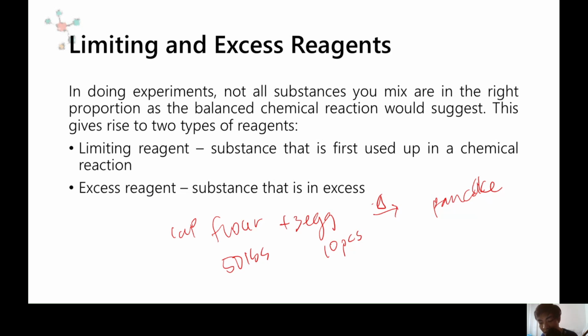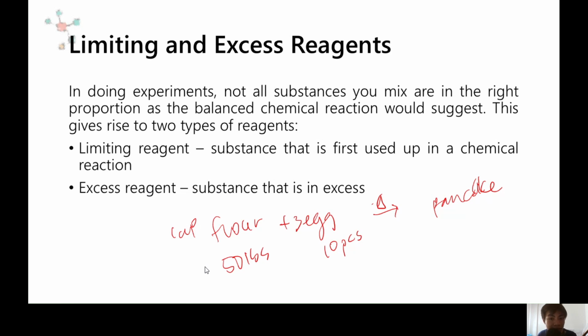Parang masyado ata maraming eggs yun. Anyway, hindi ako nagluluto, so I don't know the proper mixture. Pero kunwari, yan yung components natin. So kunwari, ito yung stoichiometric relationship nila, ito yung mga coefficients. So I need 1 cup of flour and 3 eggs so I can make pancakes.